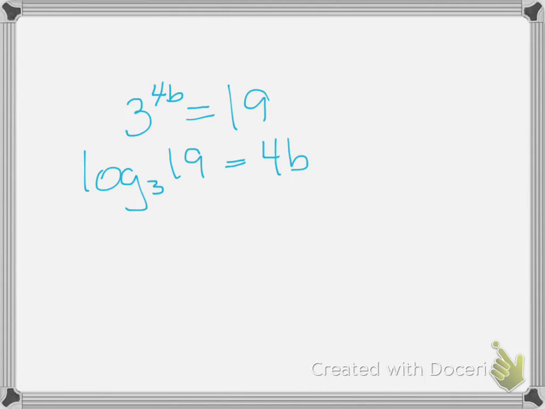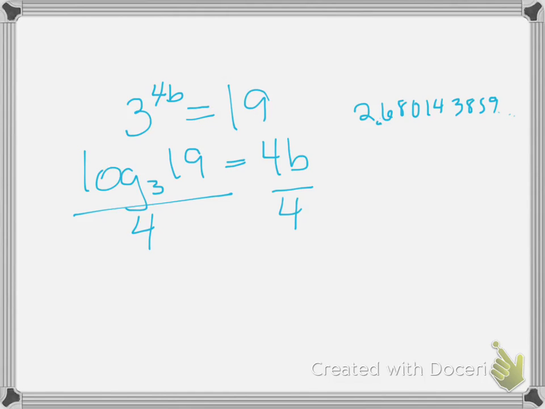Okay, so when I type that in my calculator, I get the decimal 2.68014385, etc., etc. Now, here's the thing. Don't write that down. Don't write 4b equals that, because I just want to take this entire answer and divide it by 4. I don't want to lose the decimal place.